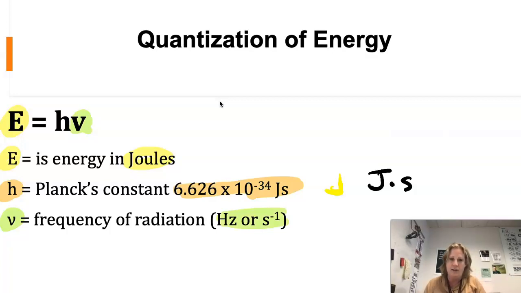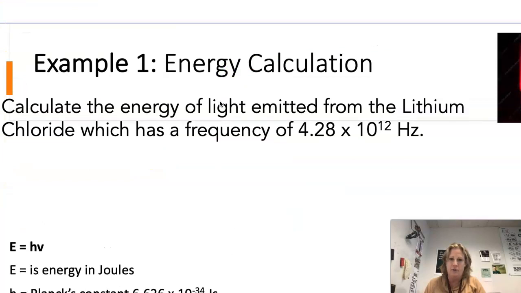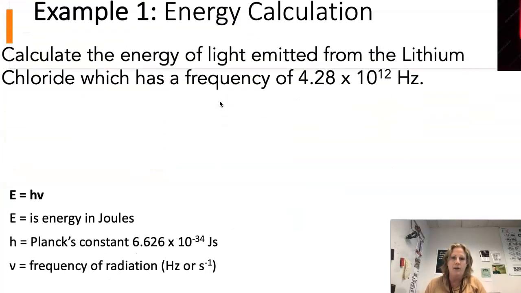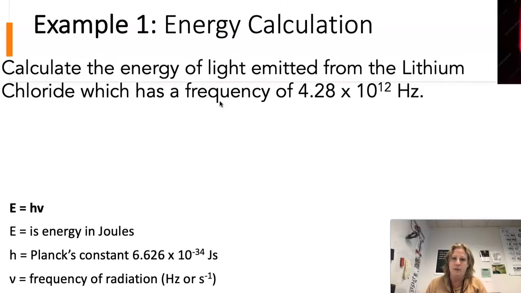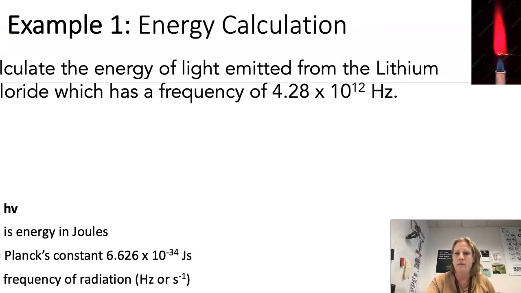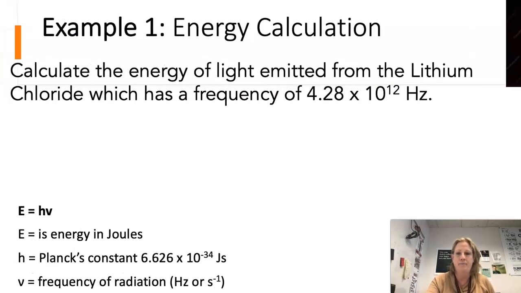So if we do a calculation with this, I'll just show you. In the previous set of notes, we were given the wavelength of the lithium color from the flame test and calculated the frequency. This time we are going to calculate the amount of energy of each photon that's emitted from the flame of the lithium.